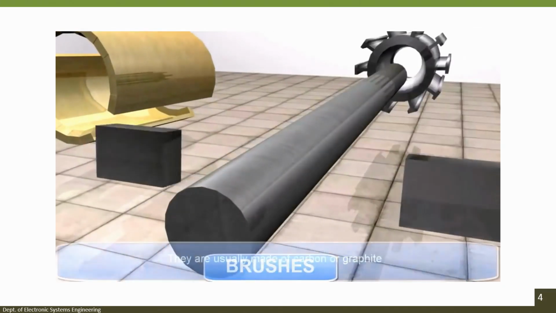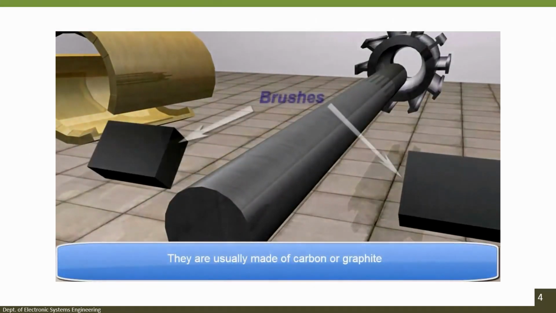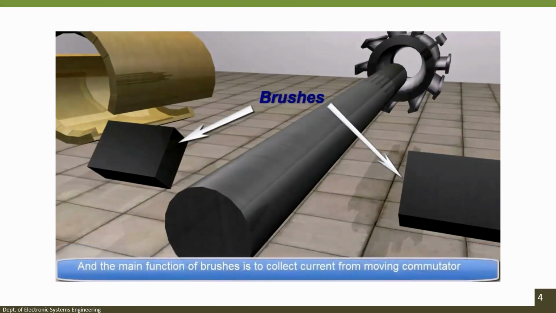Brushes. They are usually made of carbon or graphite, and the main function of brushes is to collect current from the moving commutator.